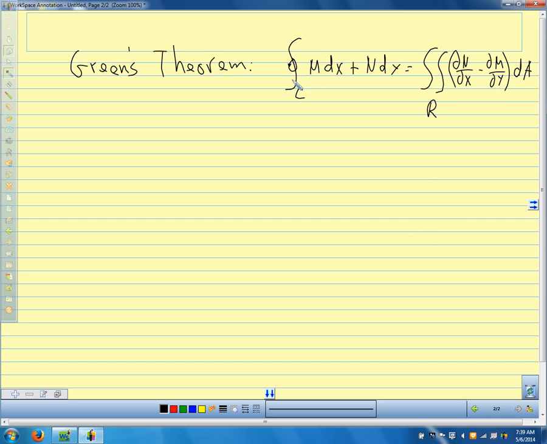So we have this line integral around the boundary, and we related that to a double integral over the region bounded by our curve C.